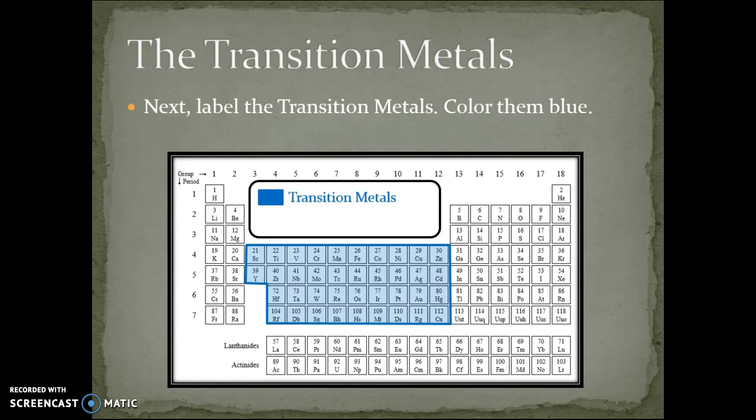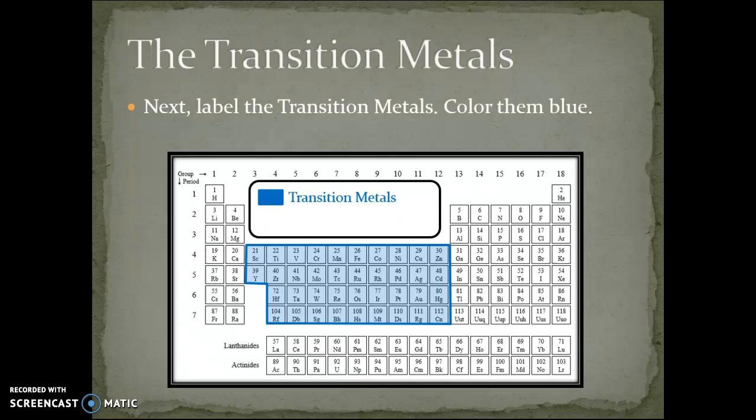All right, the next set of metals that we're going to take a look at are the transition metals. These metals we are going to color a light blue. And so go ahead and make sure that you get a light blue colored pencil.